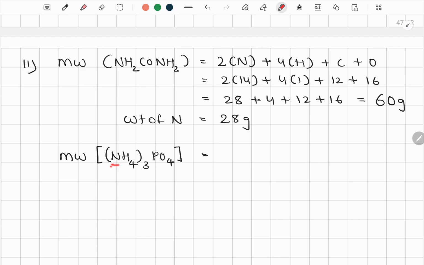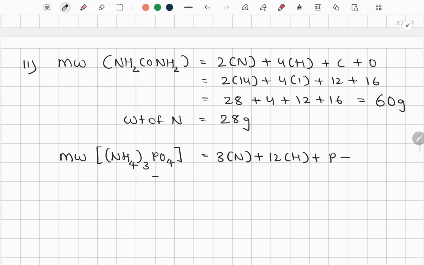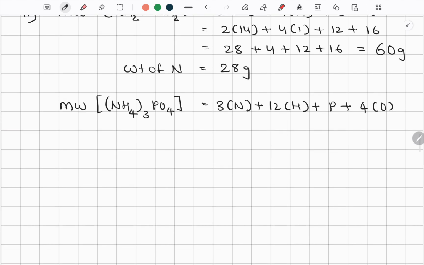That means 1, 2, 3. 3 nitrogens are present. That means 3 into nitrogen plus how many hydrogens? Sir, 4 is inside, and this 4 is multiplied by 3. That means 4 threes are 12. So 12 hydrogens are present, plus 1 phosphorus and 4 oxygens.